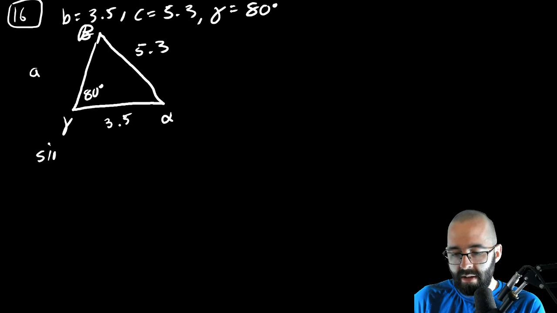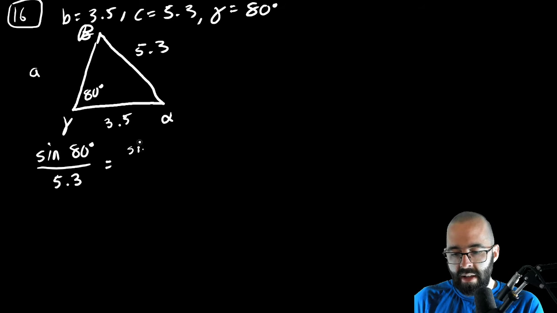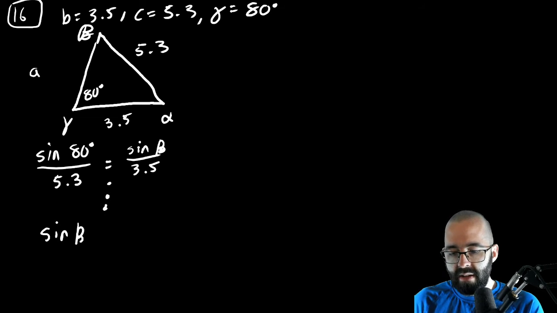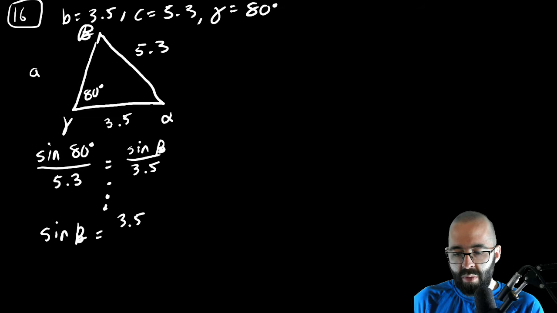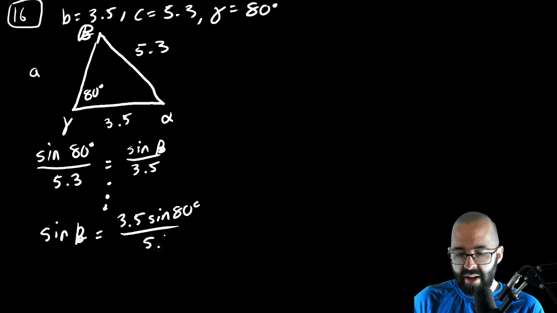Start with that. Sine of 80 degrees divided by 5.3 is equal to the sine of beta divided by 3.5. That's going to give us sine of beta is equal to 3.5 sine 80 degrees divided by 5.3.